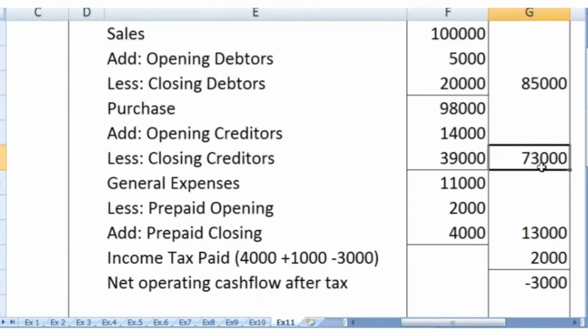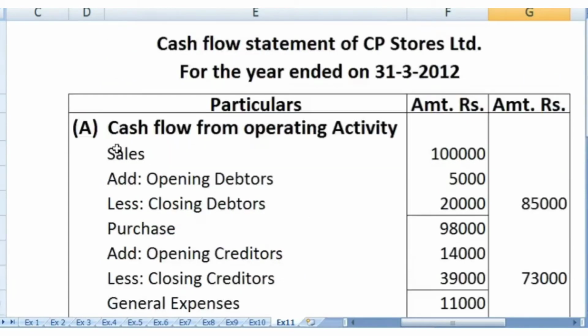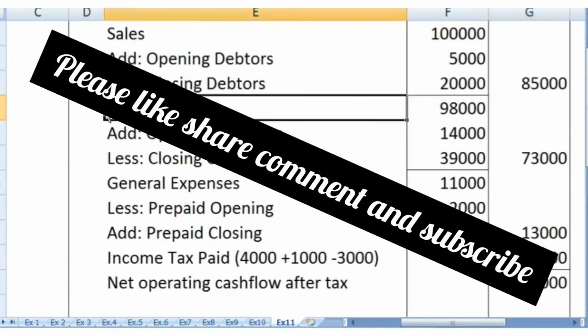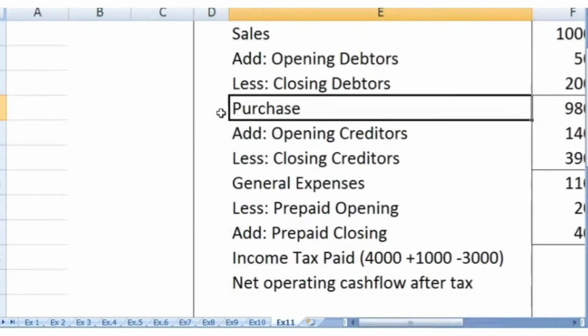Getting? So here 85,000 minus 73,000 minus 13,000 and minus 2,000. So this is sales, and after this is less purchase.